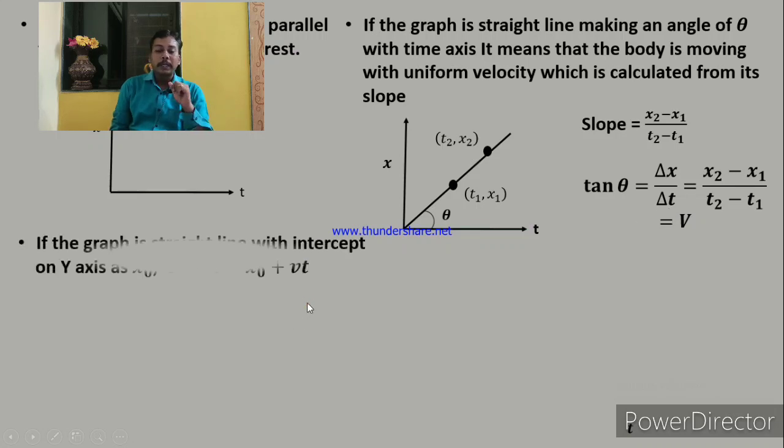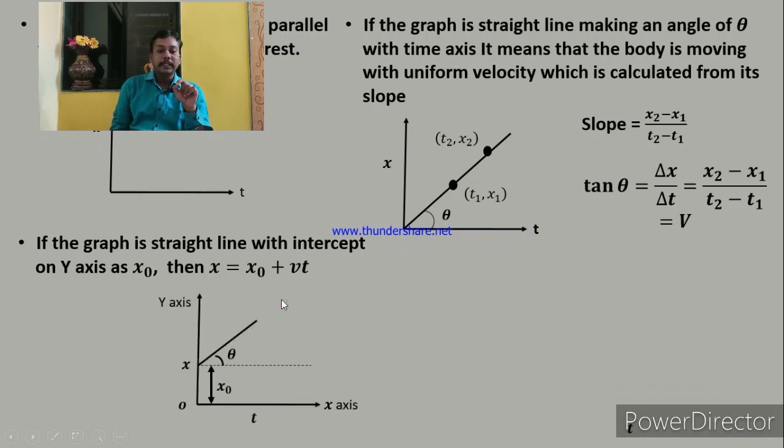Now the third one: if the graph is a straight line with intercept on the y axis as x0, then x is equal to x0 plus vt. Here the graph is a straight line with intercept on the y axis at x0. Time increases but the graph starts from x0, so the initial position of the object is x0, and after that the body moves with velocity v.